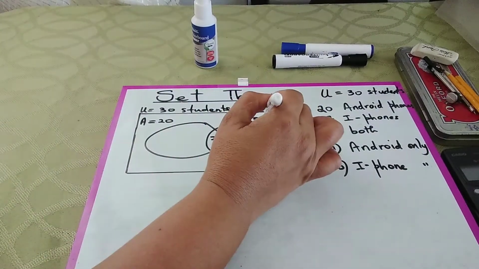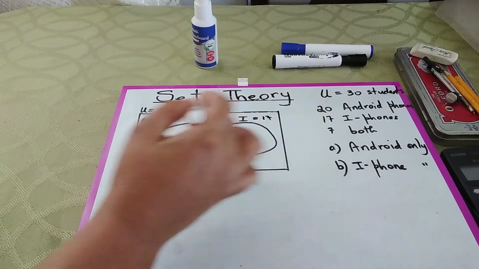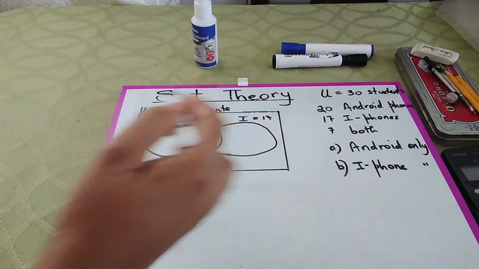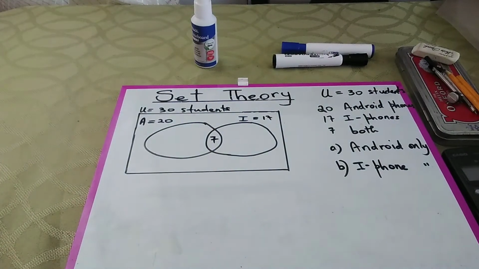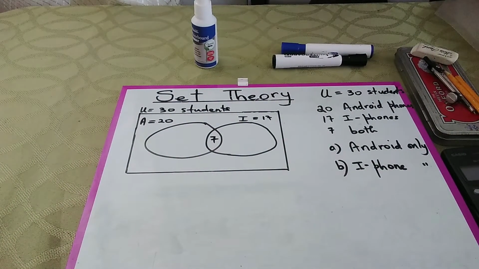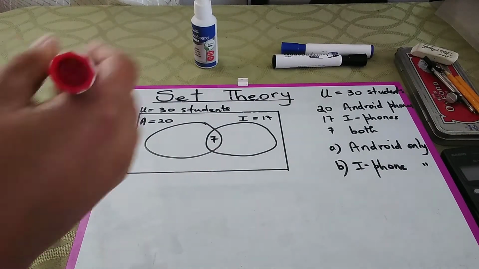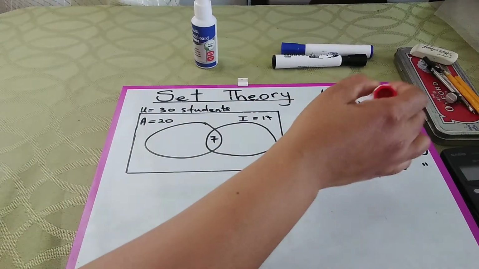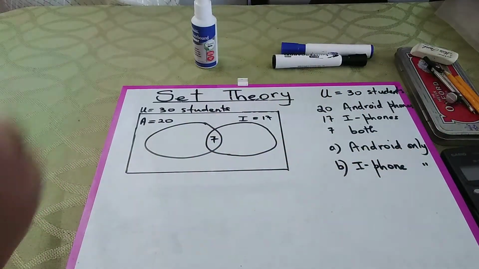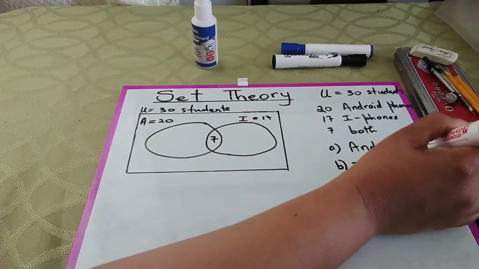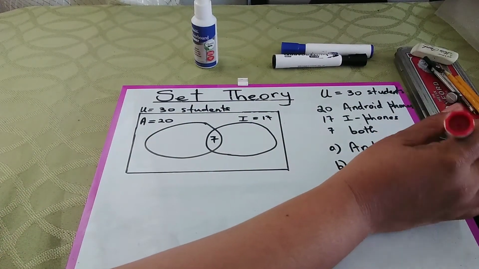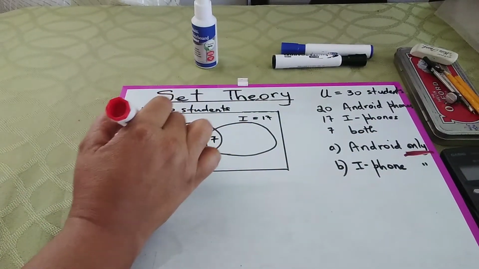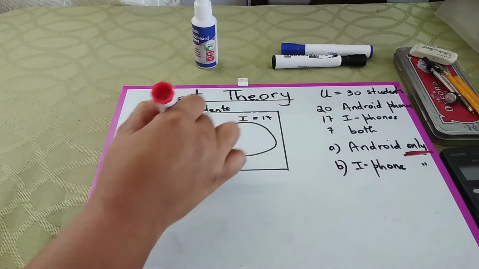Why did I put the 17 and the 20 up the top and not in here? Now, if you had watched my previous videos showing the shading, you would know that 20 Android phones, the question did not say Android phones only. The only part is this part we're trying to find, the A only.